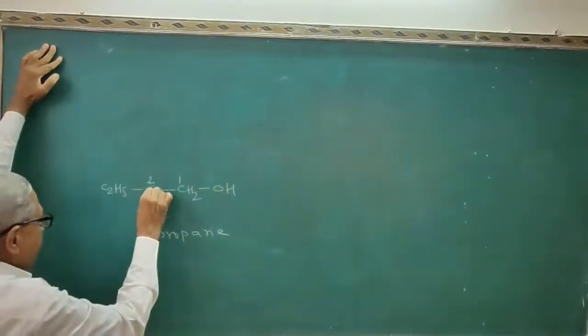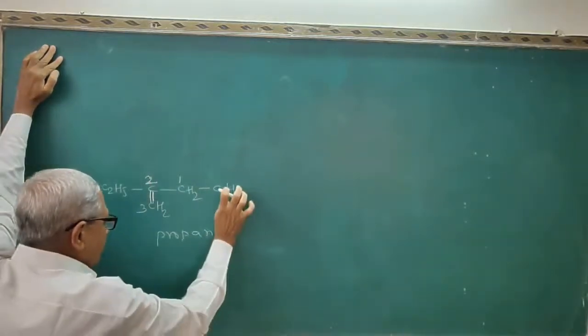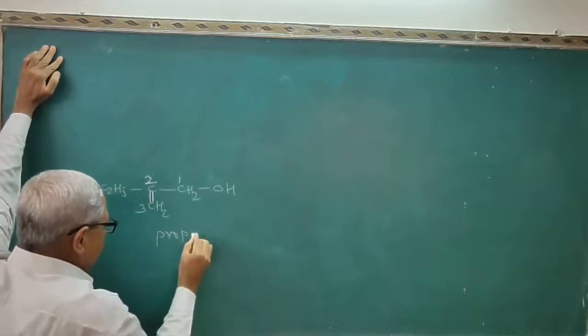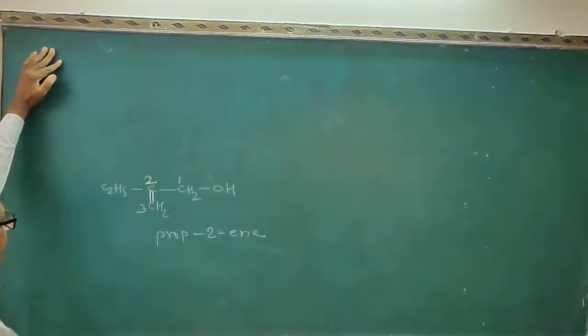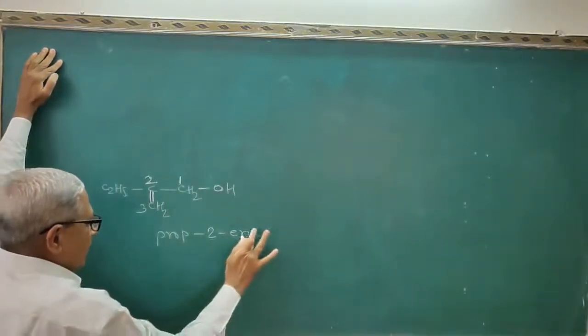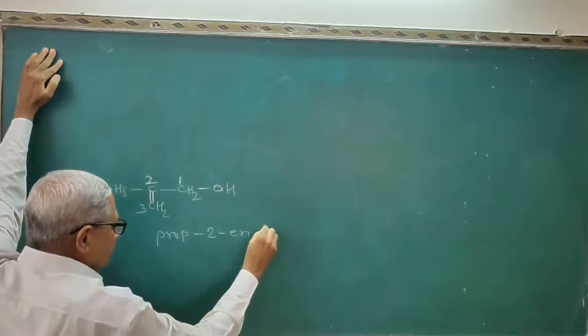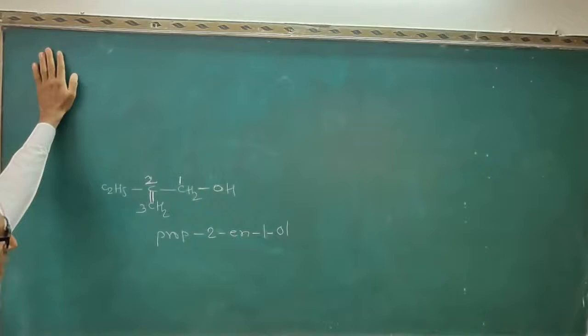The carbon-carbon double bond starts from the carbon number 2, therefore we can write here prop-2-ene. Again see, the alcoholic OH group is substituted at the carbon number 1, therefore substitute E by 1-OL.